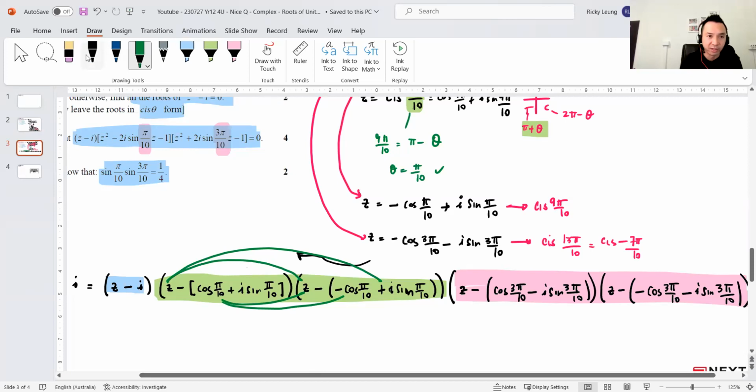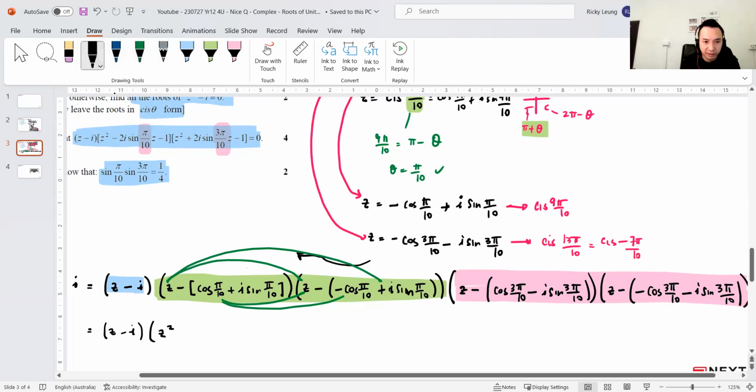They are conjugates, just to be absolutely clear. This guy here is equal to, let's have a look, let's expand it, z minus i, z squared. Now, I'll do it actually off to the side. When I take the top rainbow, z times this, and this guy times this.